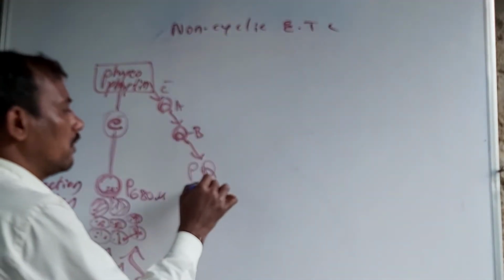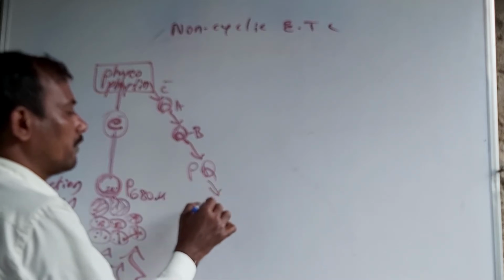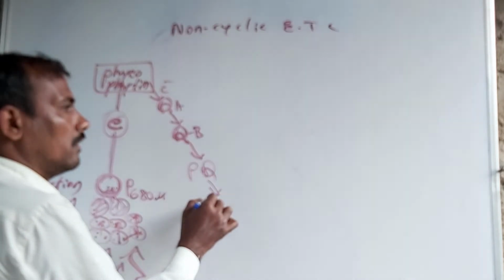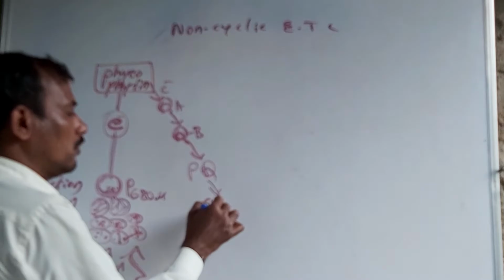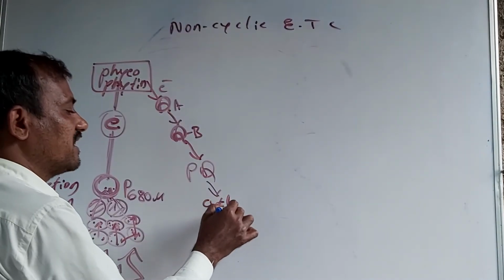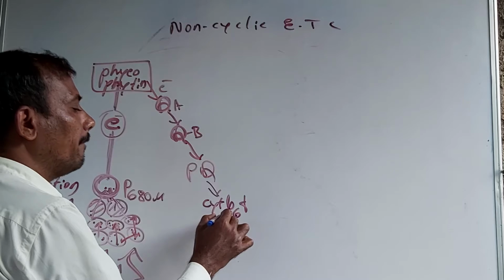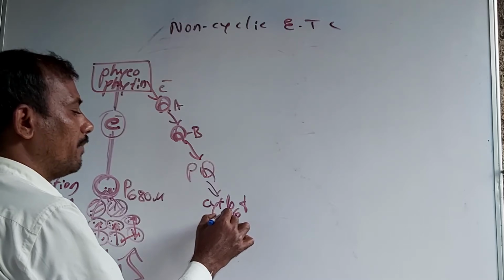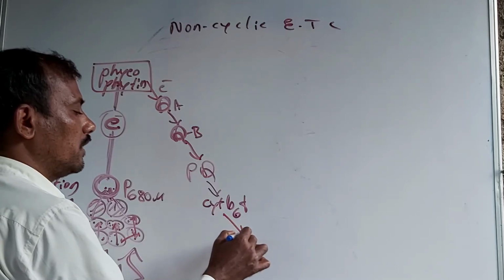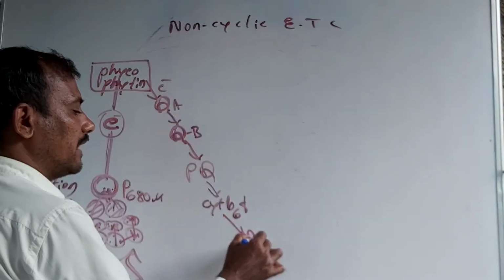From the plastoquinone, it goes to the cytochrome B6F complex, and from the cytochrome B6F complex molecule, it goes to the plastocyanin.